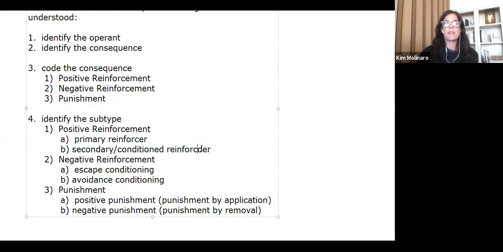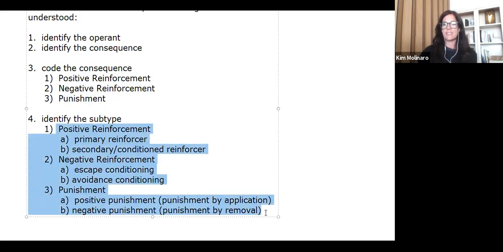Positive reinforcement has two subtypes, primary and secondary conditioned, negative reinforcement has two, escape or avoidance conditioning, and punishment has positive and negative punishment. This is what you're going to be able to do at the end of our discussion. Fingers crossed. Now what we're going to do is define all of this, and then we'll work through applications.